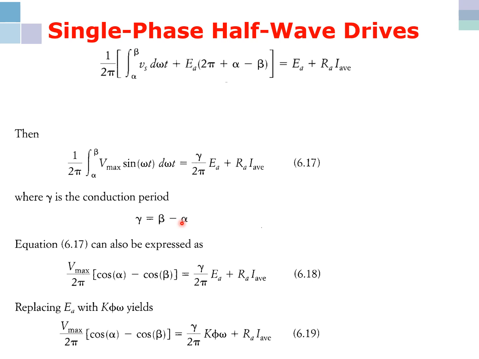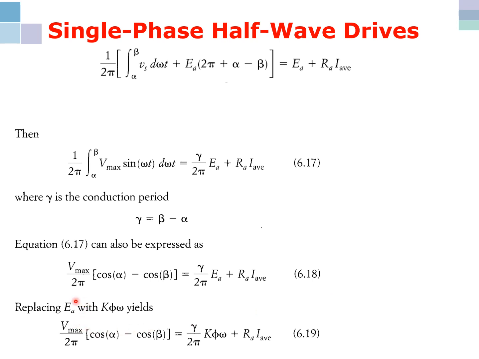So the conducting period is 90 degrees, and we replace it with gamma here. According to this, we solve the value of Vmax sin of VT d omega t, and then we replace the equation of gamma. So we get equation 6.18, and then replace with EA.